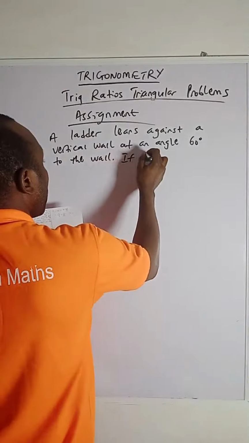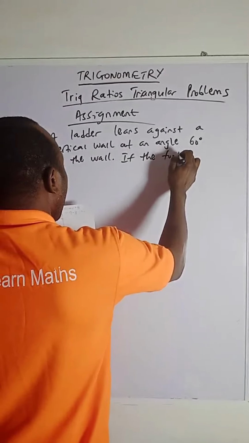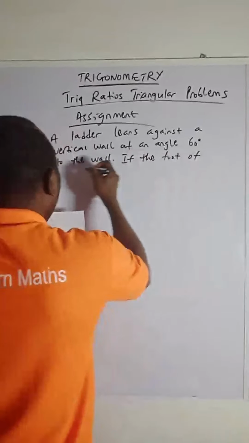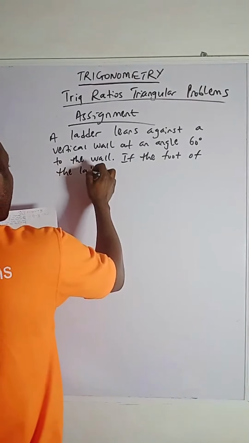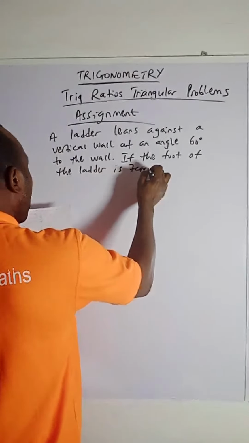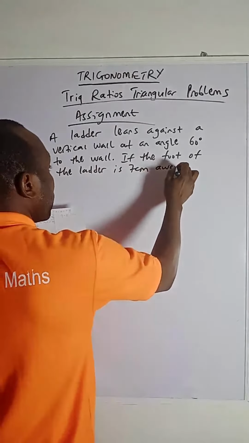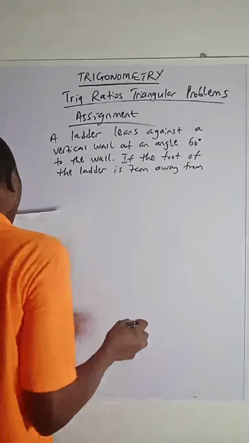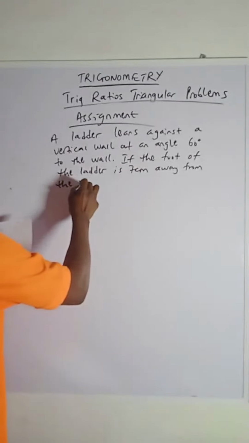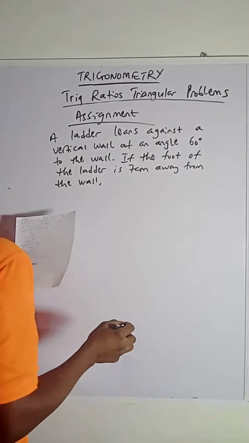If the foot of the ladder is 7 centimeters away from the wall, calculate the length of the ladder.